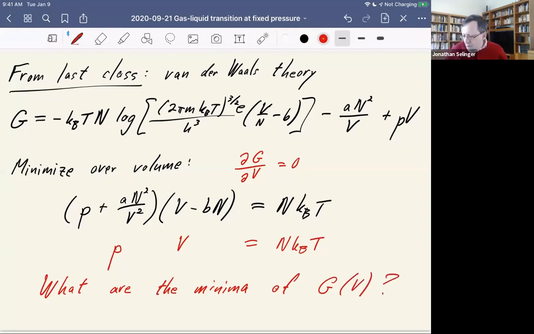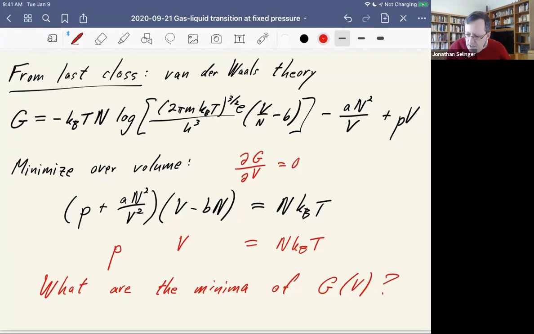This is something that we can figure out for any particular numbers of A and B. So I'm going to take this G and plot it and look for the minima.